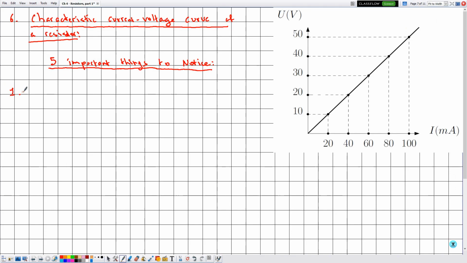Let's start by idea number 1. The characteristic current voltage curve of a resistor is a straight line passing through the origin.